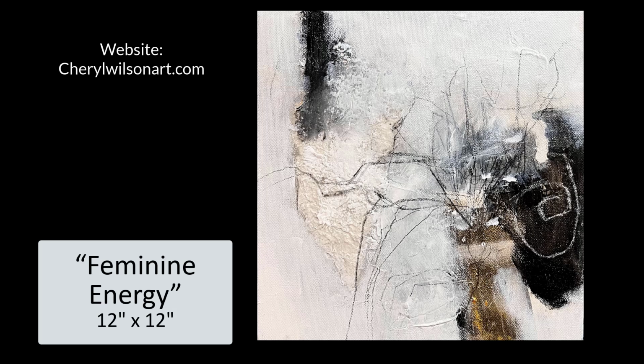But by adding the big black shape there on the right hand side, and then on the left hand side, that swath of black, and then even down at the bottom in the middle, kind of over to the right, next to the gold, a spot of black. And then the thicker, like a charcoal pencil, adding some black marks in there. Some of them are a little bit even smudged.